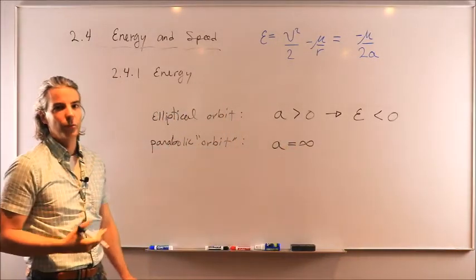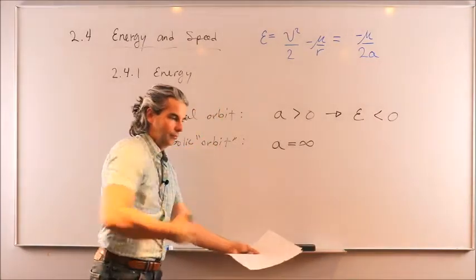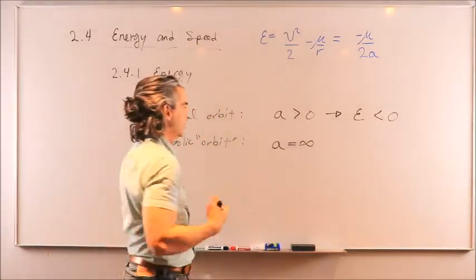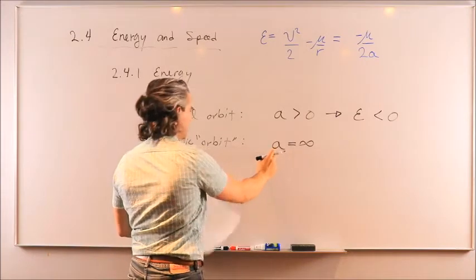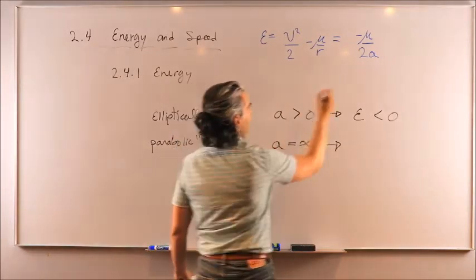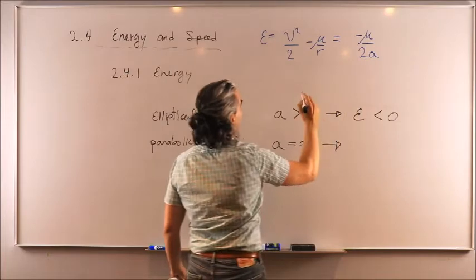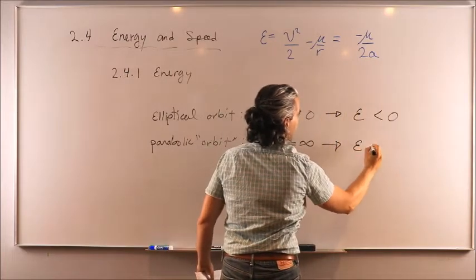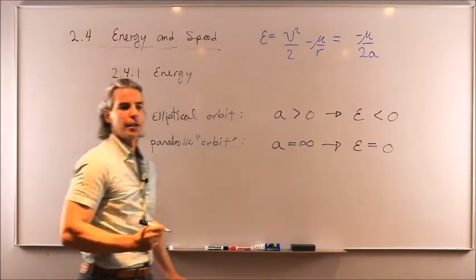Just from a geometrical point of view, because it is an open-ended trajectory, it doesn't come back on its own, we say that the semi-major axis is in fact equal to infinity. And that means that if you plug a equal to infinity in that expression for the orbital energy we just derived, we end up with an orbital energy exactly equal to 0, like that.